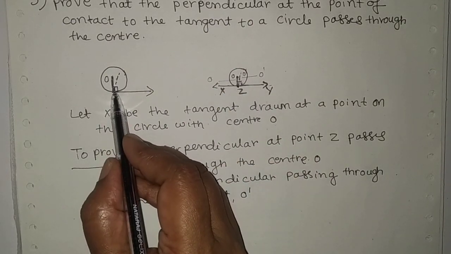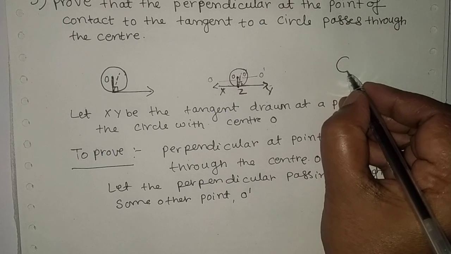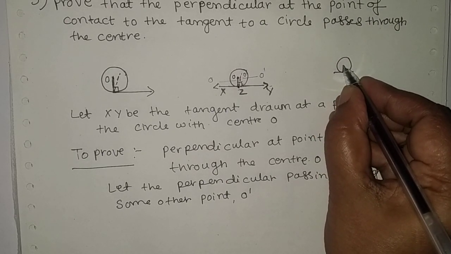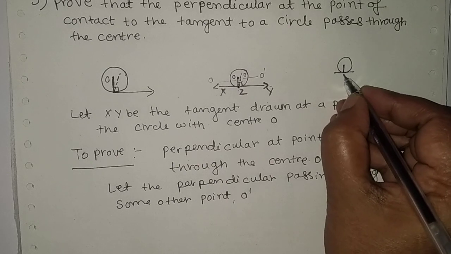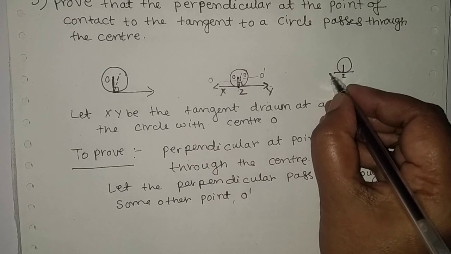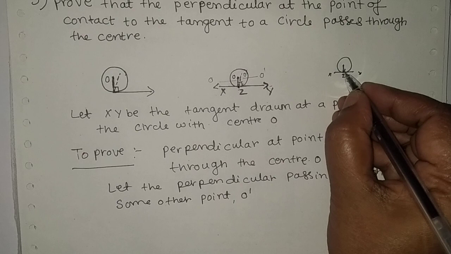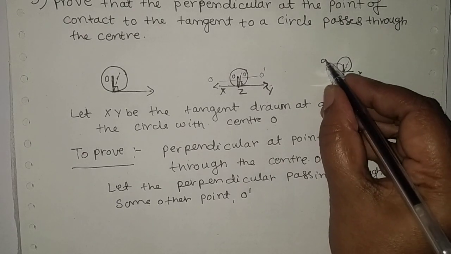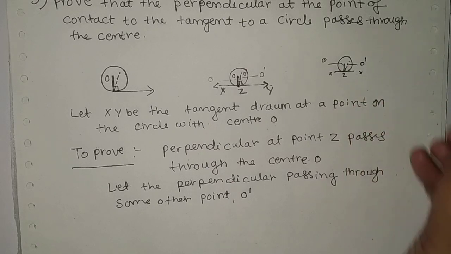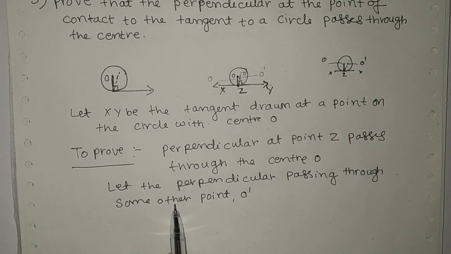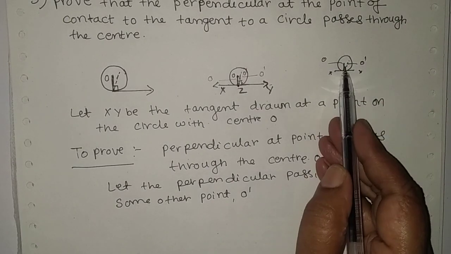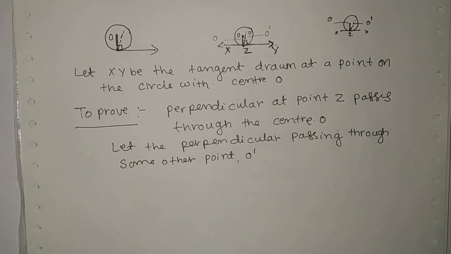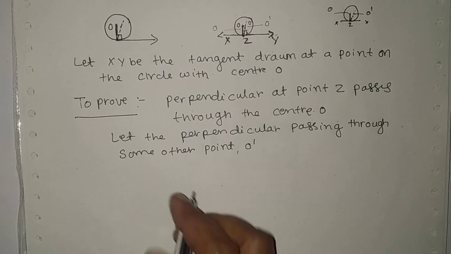This is clear in this diagram. Since this is the circle and this is the tangent XY, the perpendicular is drawn at Z. Again we take one more line. So this is O and this is O dash. So let the perpendicular pass through some other point O dash.